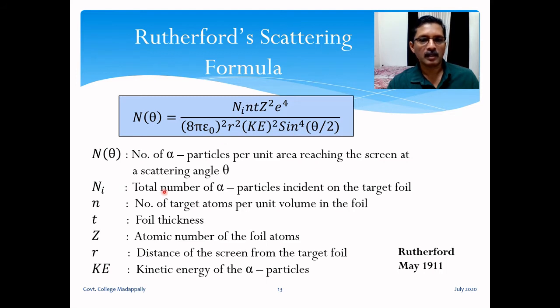Ni is the total number of alpha particles incident on the target foil, and small n is the number of target atoms per unit volume in the foil. t is the foil thickness, and Z is the atomic number of the foil atoms.